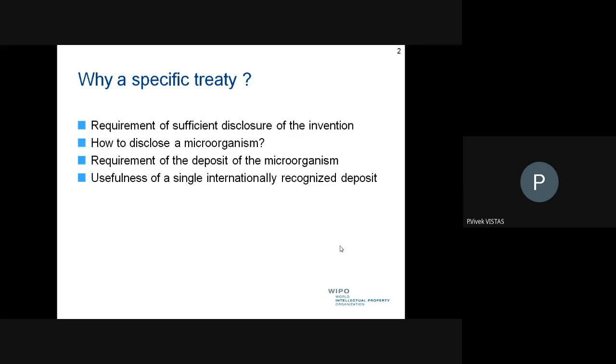It is framed as an international organization, so all over the world, countries can store microorganisms in a single place, that is, a single organization. For that, this treaty is needed and framed.